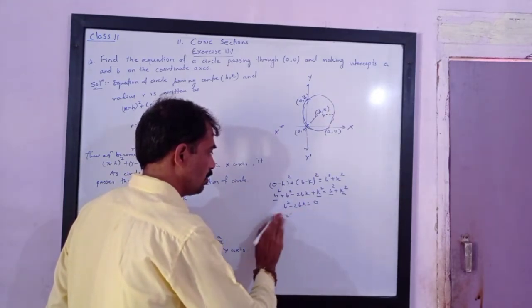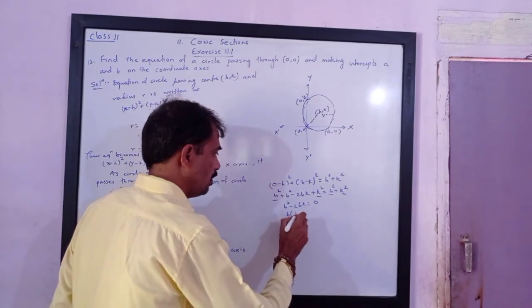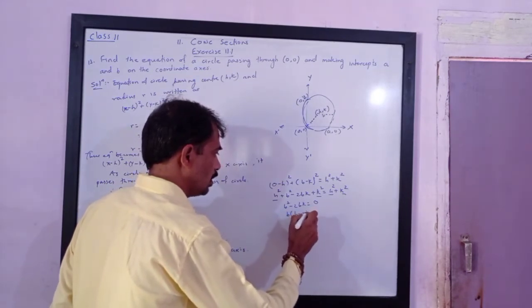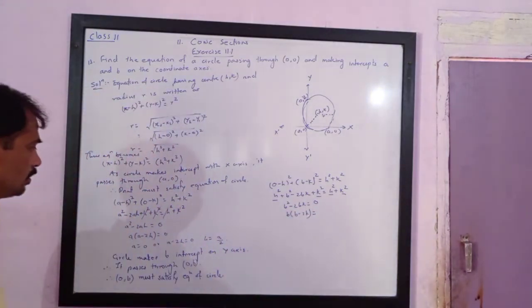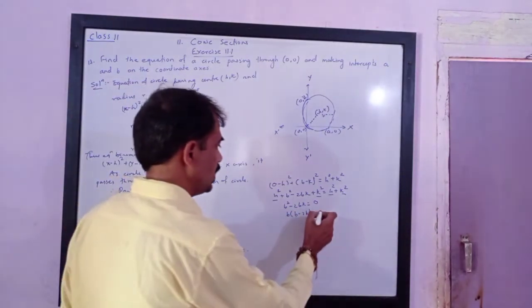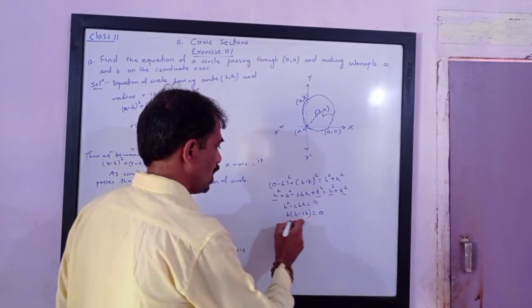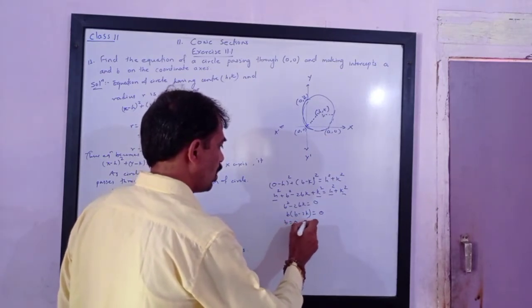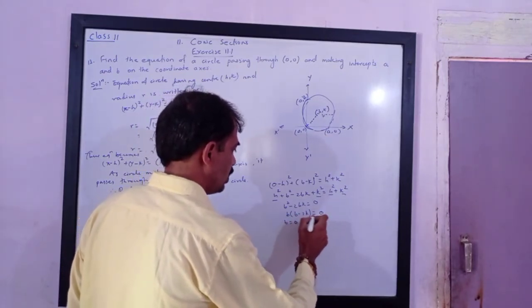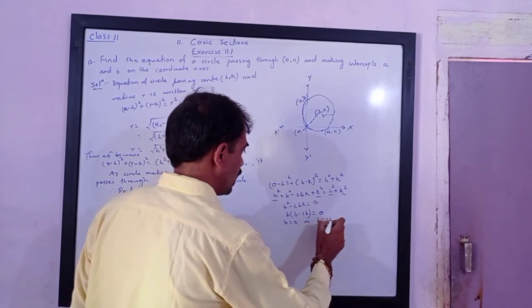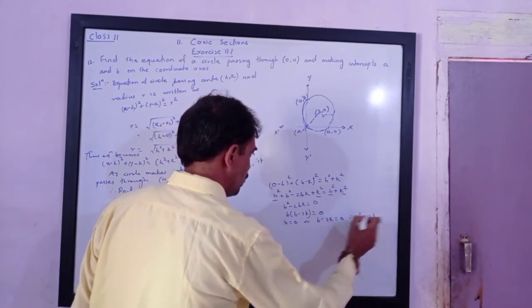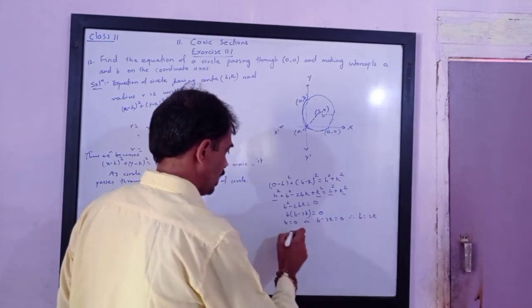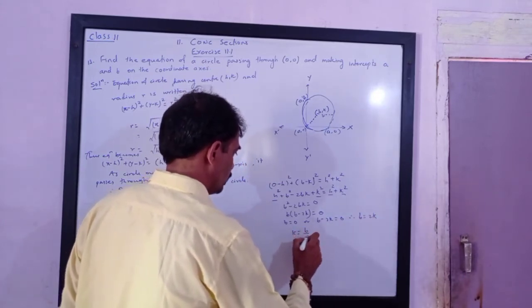Okay, we take b common, we will have b(b minus 2k) is equal to 0. So either b is equal to 0, or we have b minus 2k is equal to 0. We therefore get b is equal to 2k, means k is equal to b upon 2.